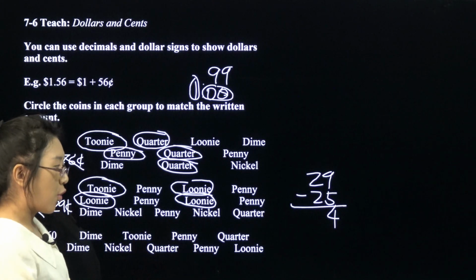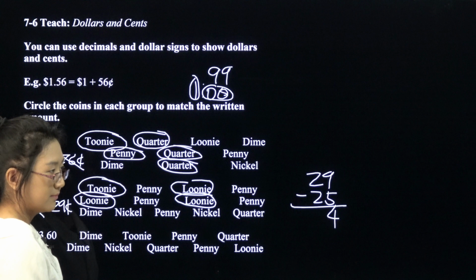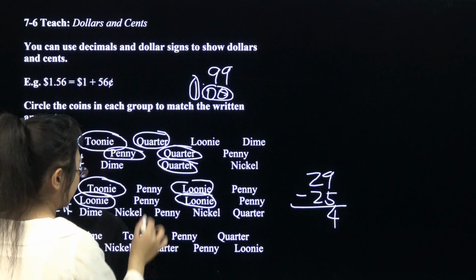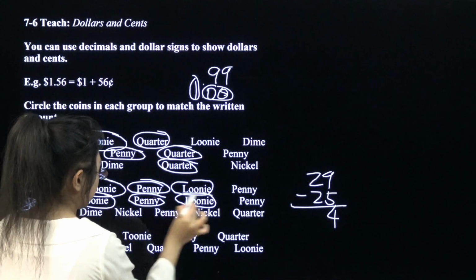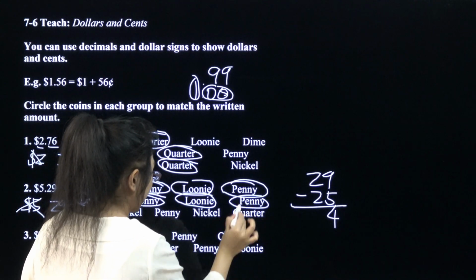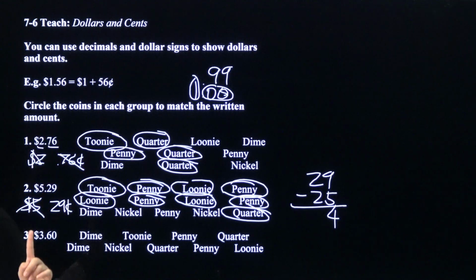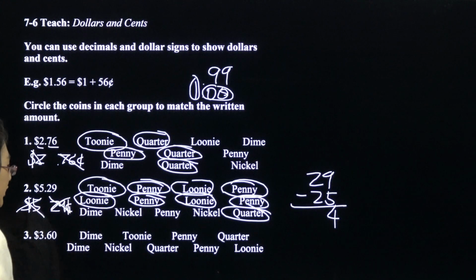Do we have a quarter and 4 pennies? Yes, we have 5 pennies, in fact, but we don't need 5 pennies. So we're just going to circle 4 pennies and the quarter, because we only need 1 quarter, remember? And that's it. We have our $5.29.